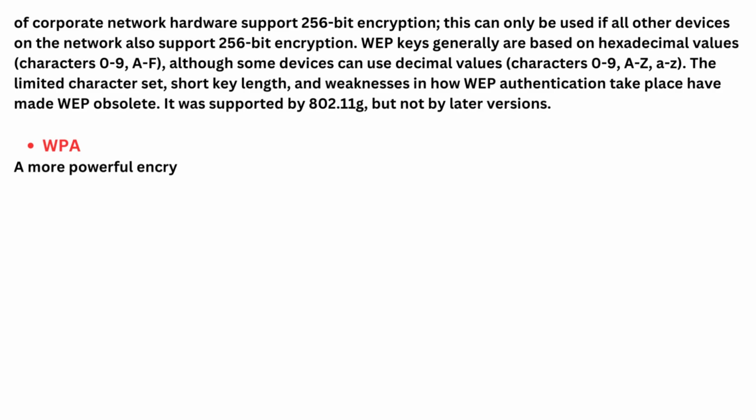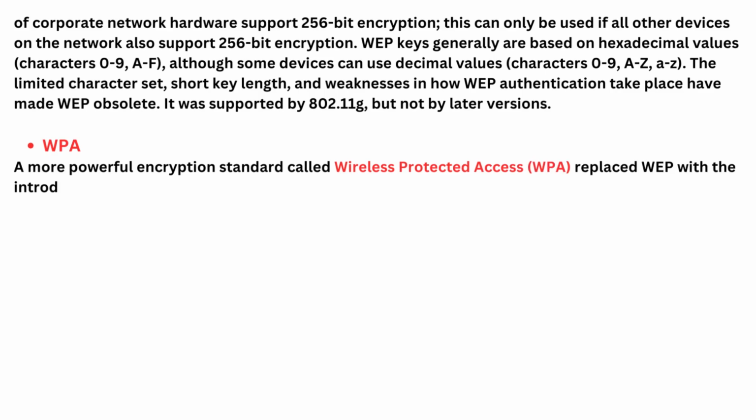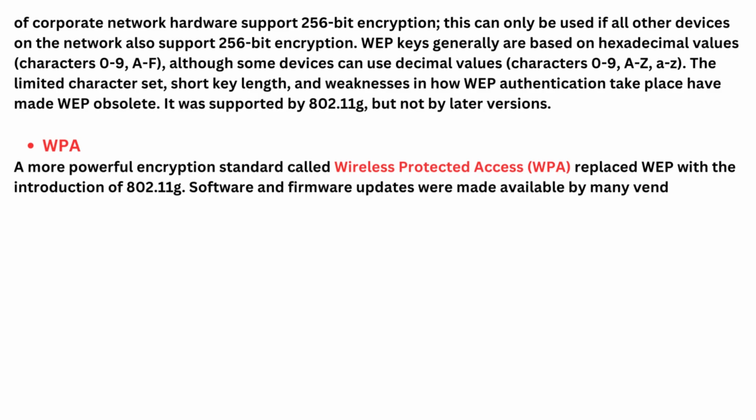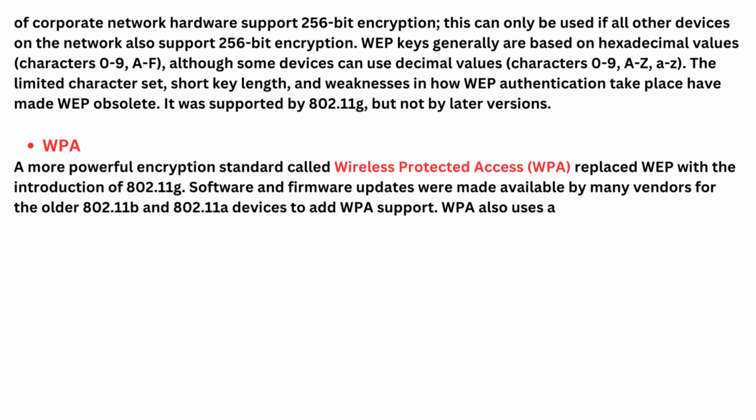WPA. A more powerful encryption standard called Wireless Protected Access, WPA, replaced WEP with the introduction of 802.11g. Software and firmware updates were made available by many vendors for the older 802.11b and 802.11a devices to add WPA support.